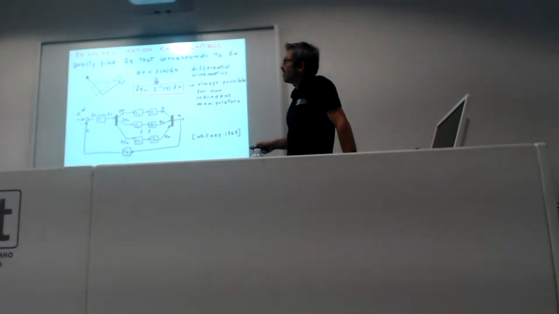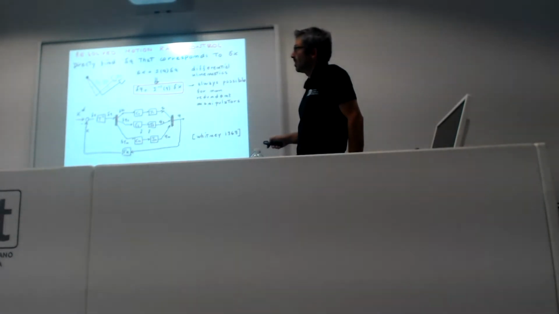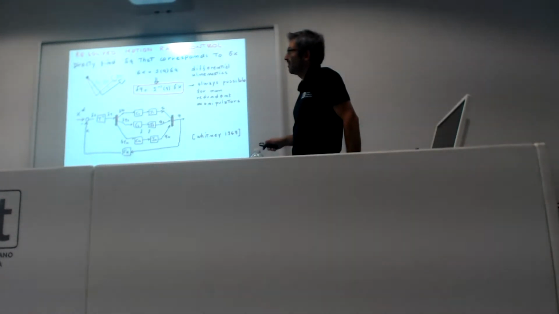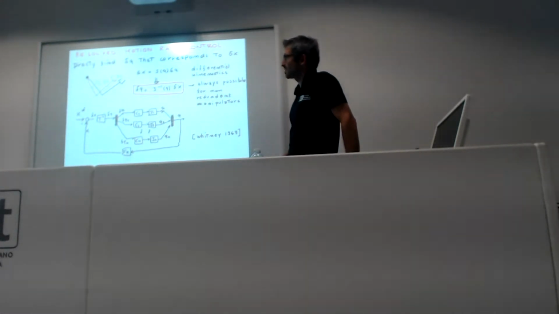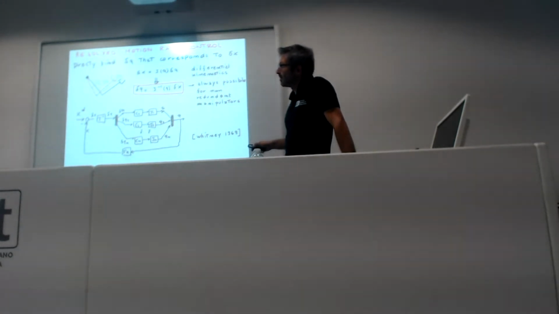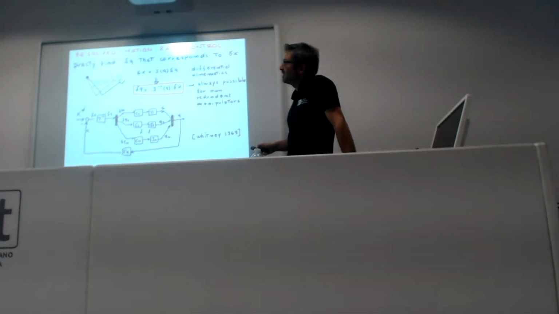And so we close the loop, this time at the end effector. So we have the desired end effector reference minus the actual end effector position computed through forward kinematics. Then we compute the delta x, so the error at the end effector, and we map this delta x through the Jacobian inverse to the delta q.